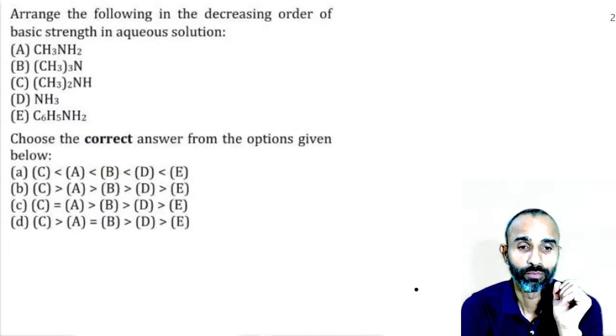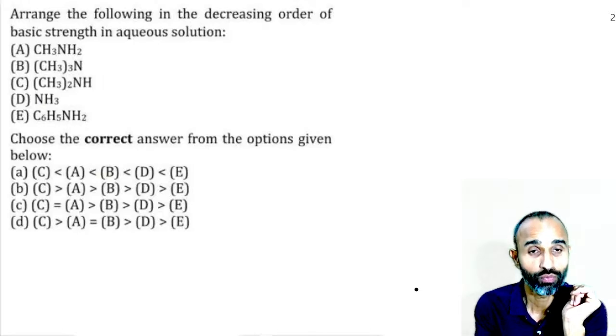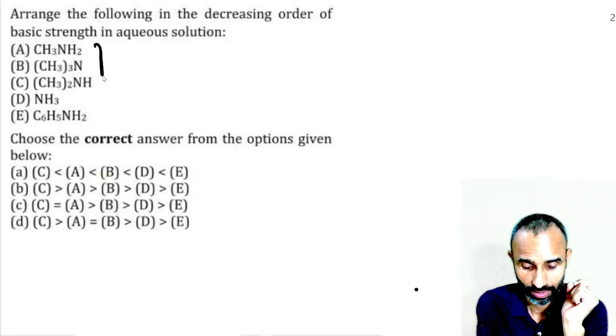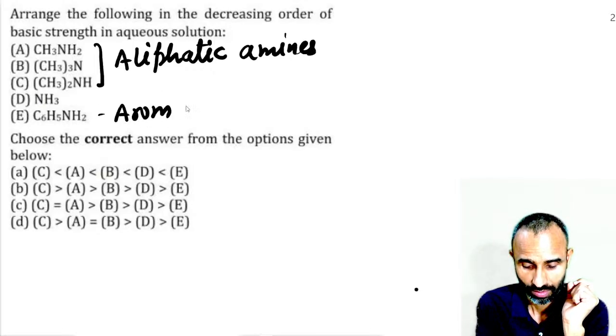Okay, see. Good. First of all, we have these three. These are aliphatic amines, means alkyl amines, and this is aromatic amine.